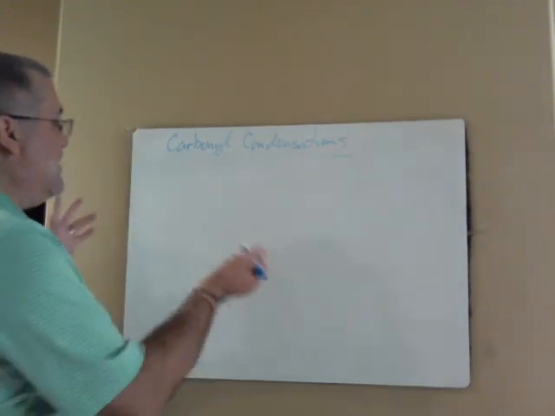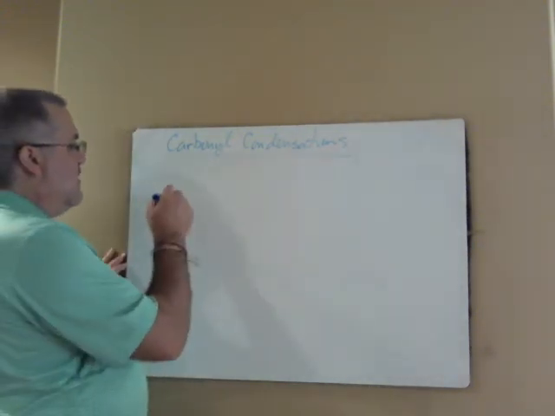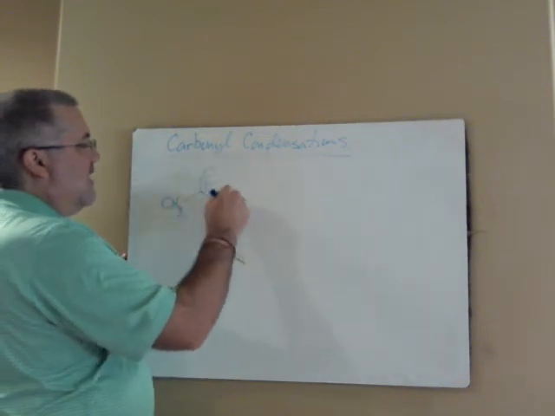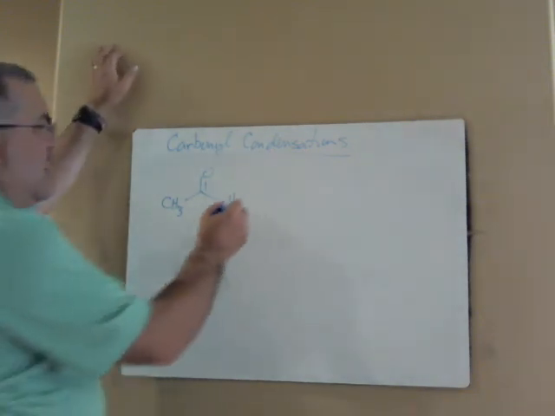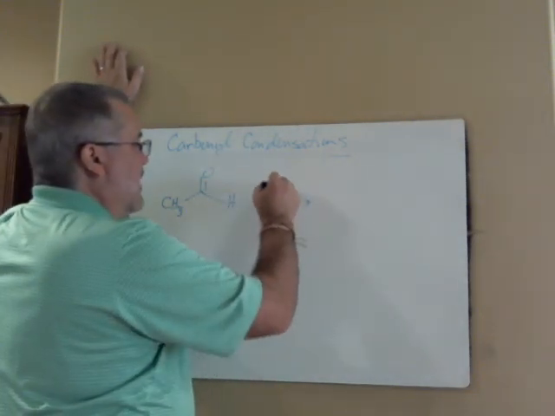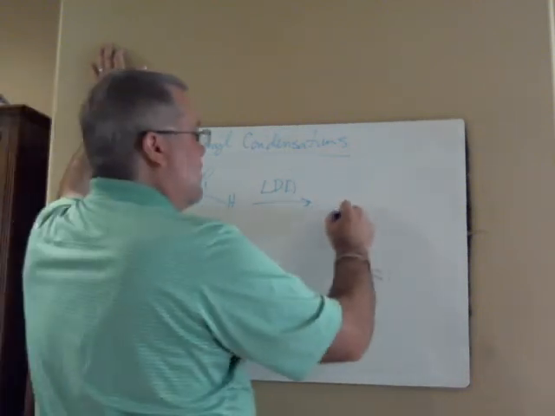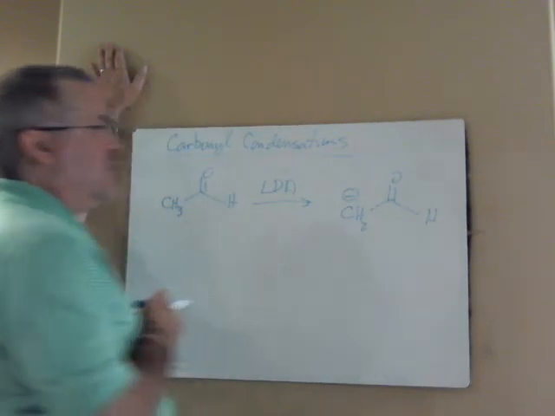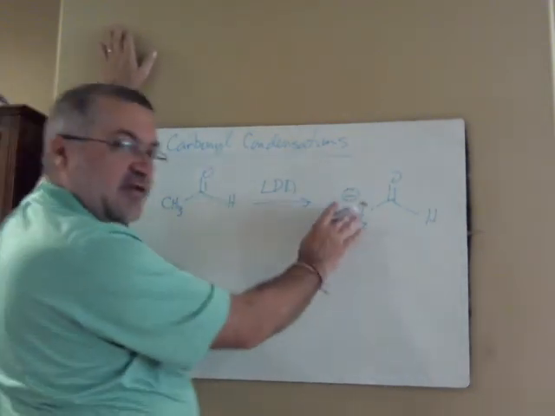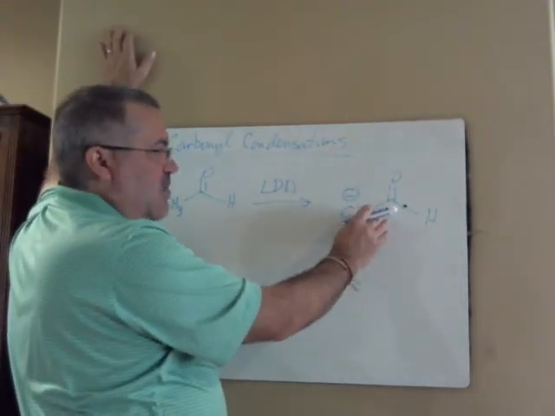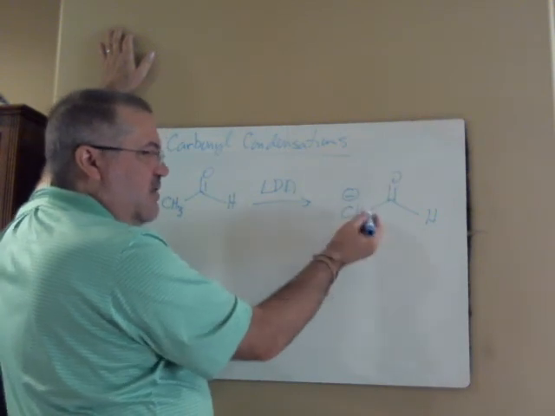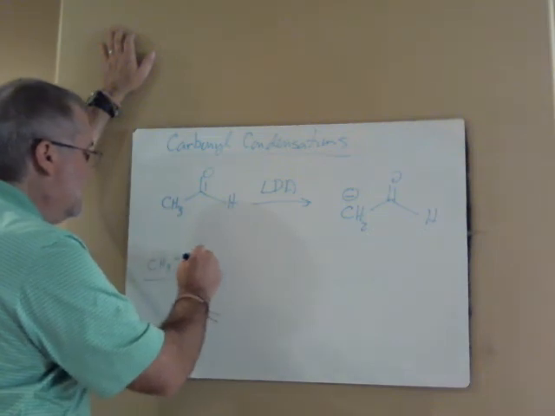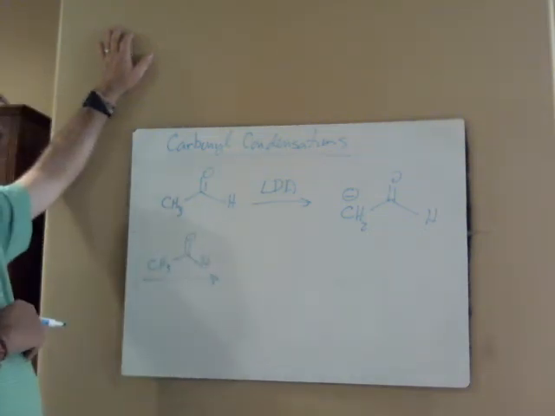So basically, let's just do a simple aldehyde like this, and you're going to react it with LDA like we just talked about. When you do that, you deprotonate and you form this nucleophilic species. Well, instead of reacting with an electrophile, this is going to react with another carbonyl compound. And let's say it's going to react with itself.